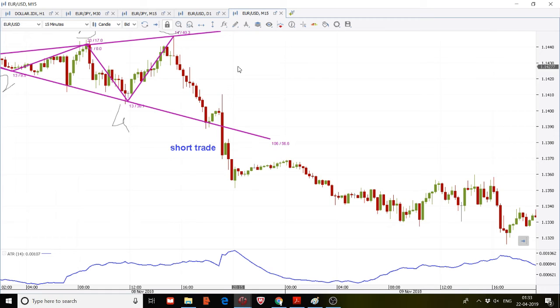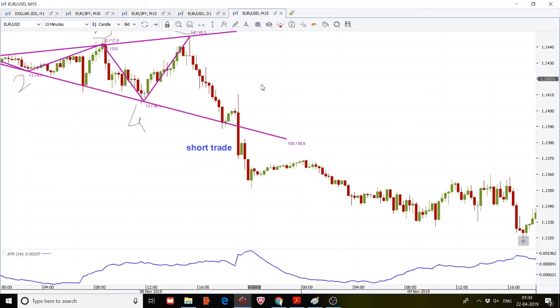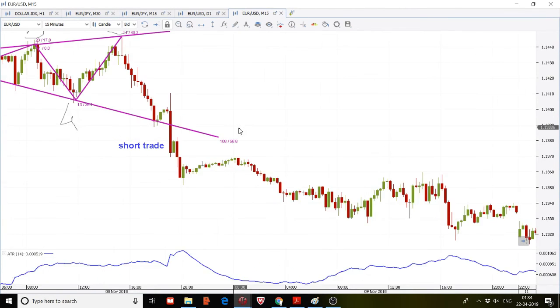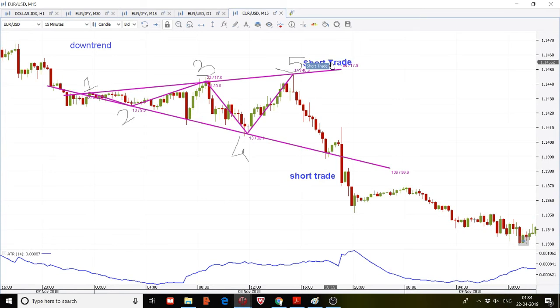But sometimes what happens, instrument again reverses back to the earlier levels, and then again it retraces to the down. So sometimes unnecessarily you will get stopped out first, and then the instrument will move to your desired direction. To avoid that, you can try to catch the tops here.